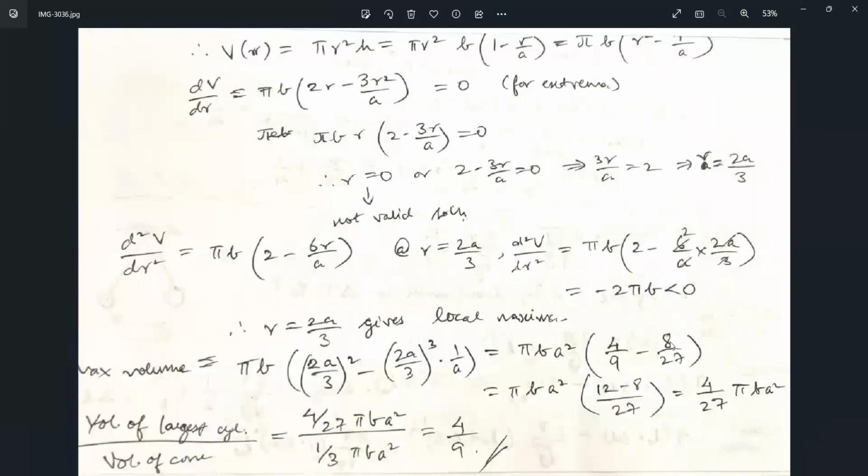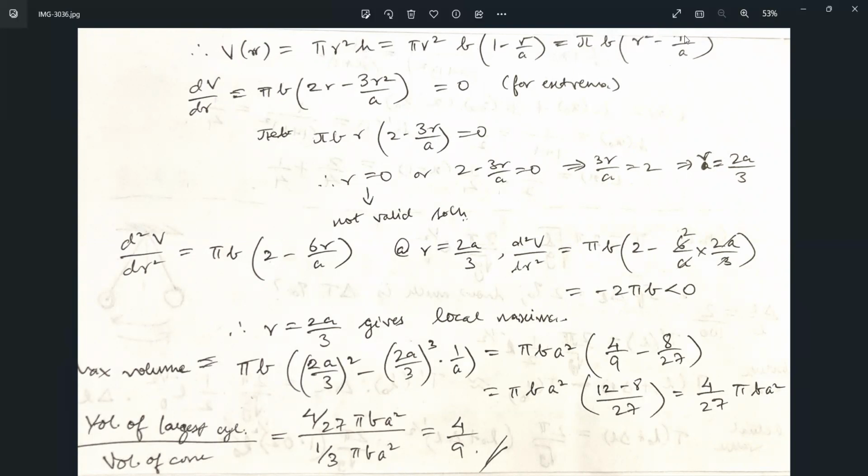The next step is to write the volume. So volume is pi R square H, and H we know is B into 1 minus R by A. So we have pi into B, which is a constant, and R square minus R cube by A. Here it's not visible, but this is actually R cube by A. So when we differentiate, we have pi B constant value that comes out. And then when we differentiate R square, we get 2R.